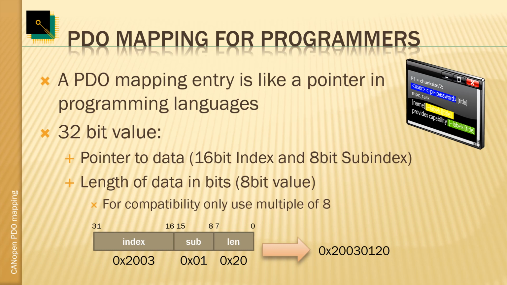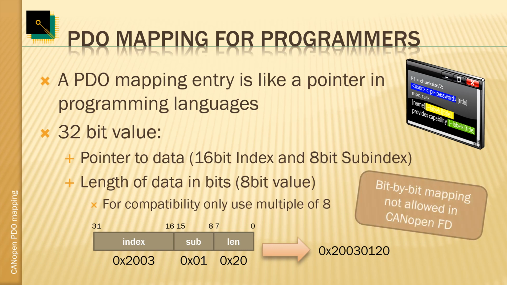And it also contains the length of the data in bits. Please note that for compatibility reasons, you should only use lengths that are a multiple of 8. Some implementations provide bit-by-bit mapping. However, not everyone does. So if you want to stay compatible, please use a multiple of 8.